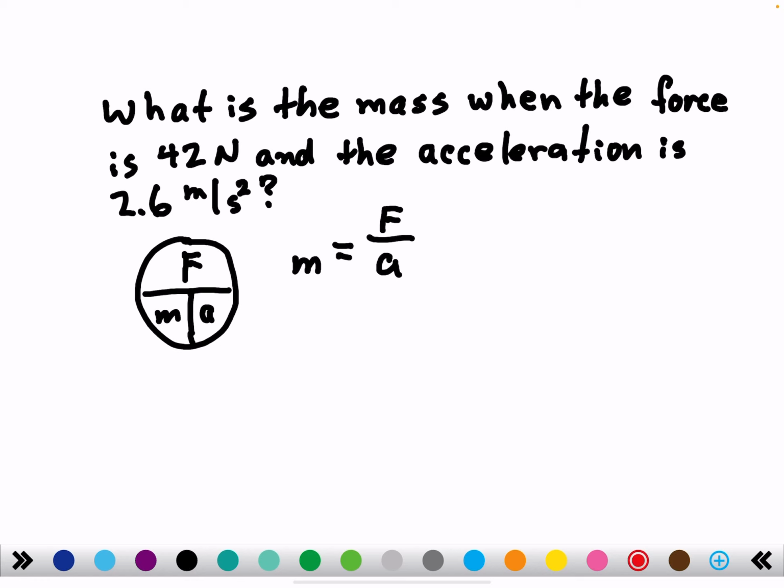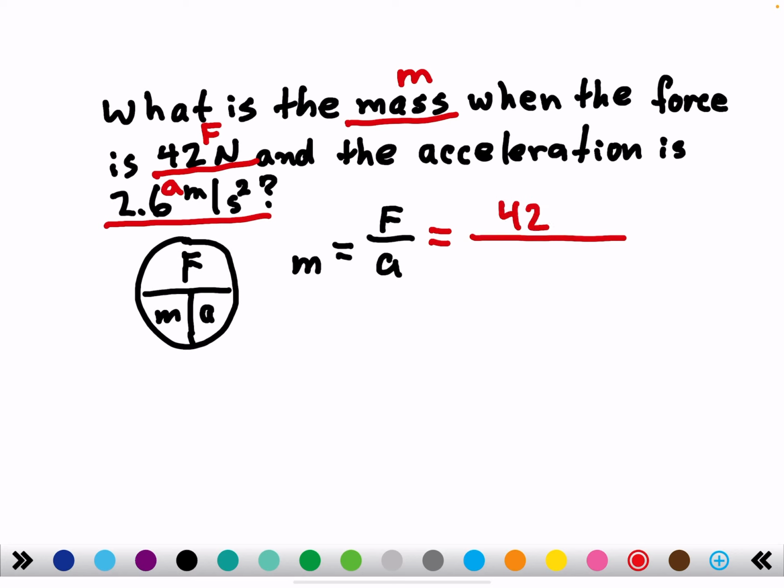So in reading the problem, when we're looking for mass, that's M. Newtons is always your unit of force in the metric system, so 42 newtons is F. Meters per square second is the unit of acceleration, A. So now we'll substitute those values into the formula: 42 newtons in the numerator for the force, and 2.6 meters per square second in the denominator for the acceleration. That should be in M.